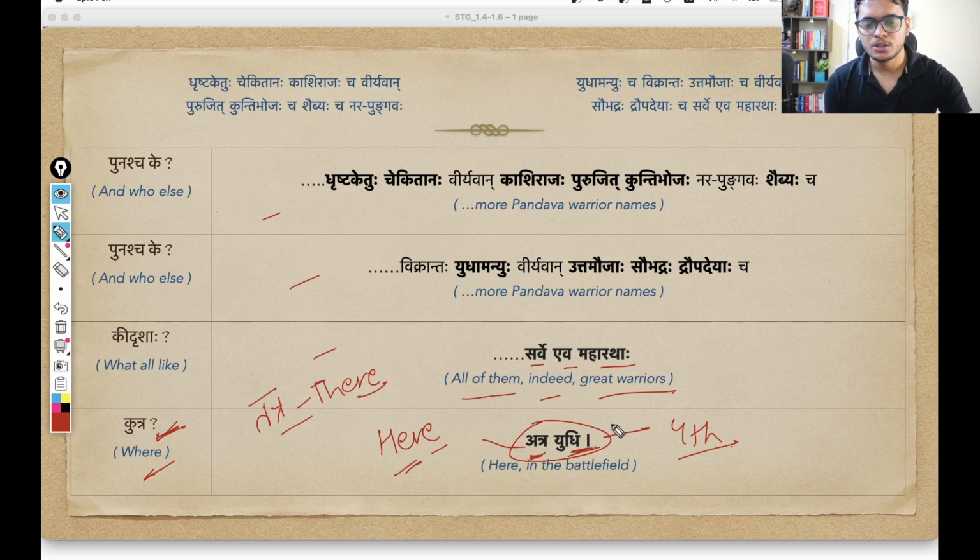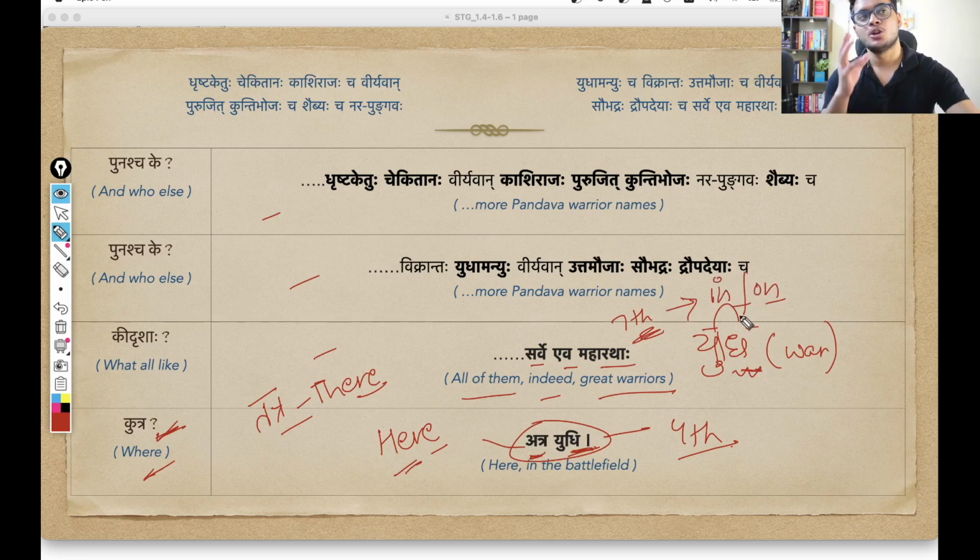And yudhi. This comes from the root word, the pratipadik yudh. And this means war or battlefield. And in the seventh case, yudh becomes yudhi. And what is the seventh case? The seventh case is when we want to say something like in or on.